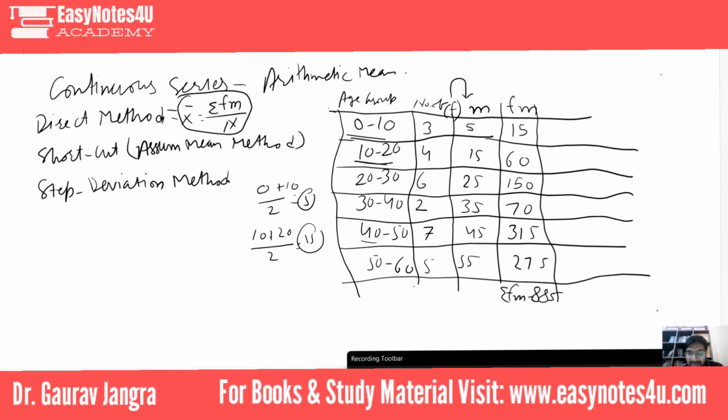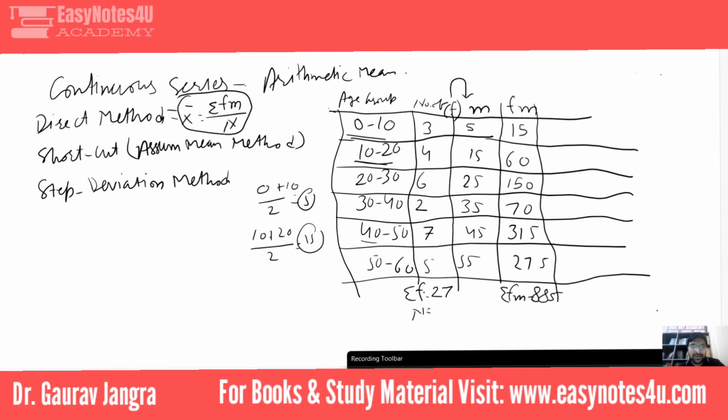Now the total of frequency means n, the number of observations. It will be 7, 13, 15, 22, 27.